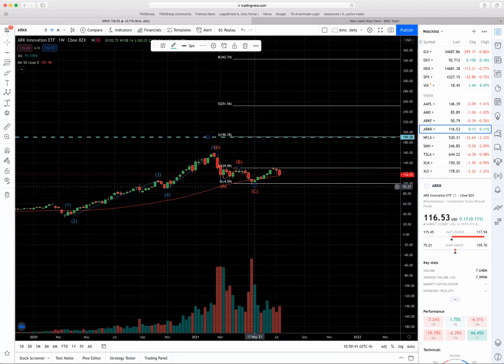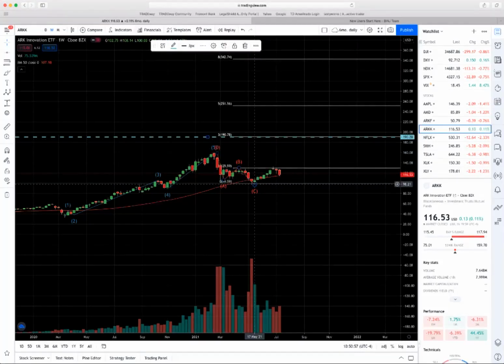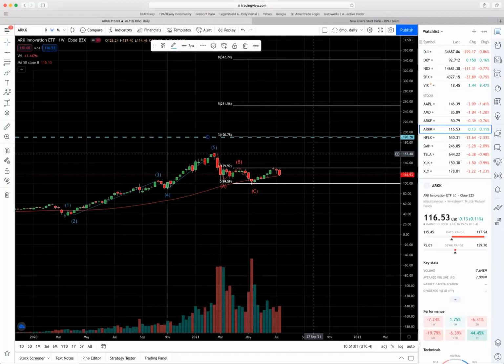And now this is where I believe we start our new wave count. Now, there's going to be waves up and down to reach here, but this is where I believe that one of the major waves is. Wave 1 will be here. Wave 2 will be some type of pullback here. Wave 3 will take us all the way up to here.